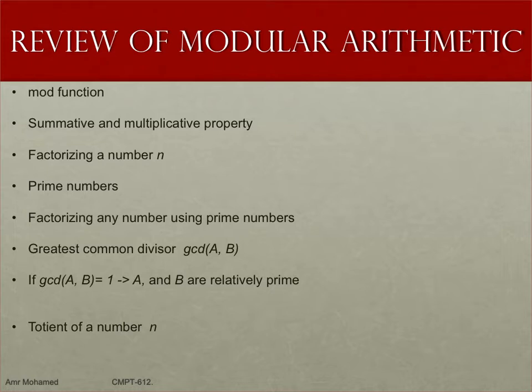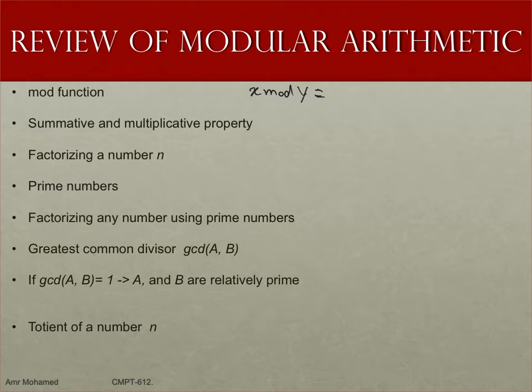So the mod is based on the fact that the modulus of any number, so if you have any number like x mod y equals, the answer here is actually the remainder of x divided by y.